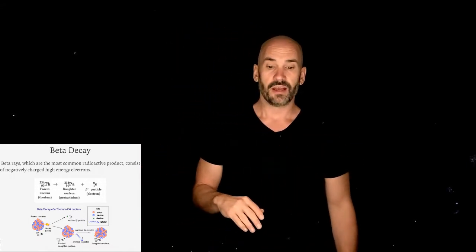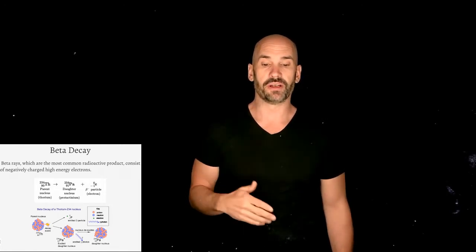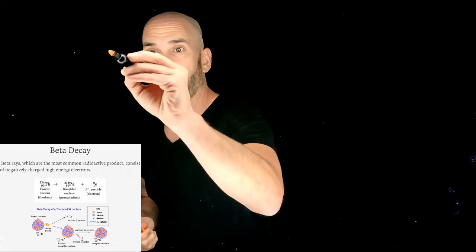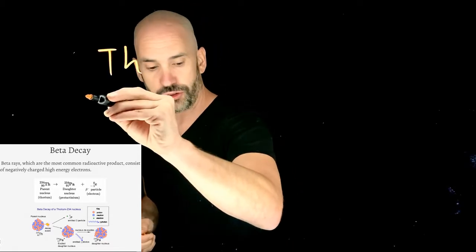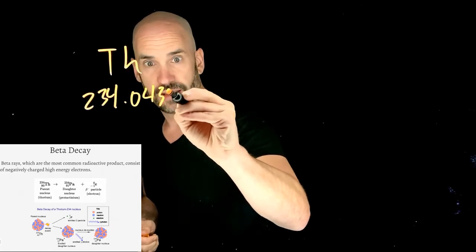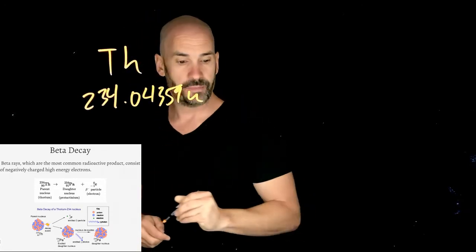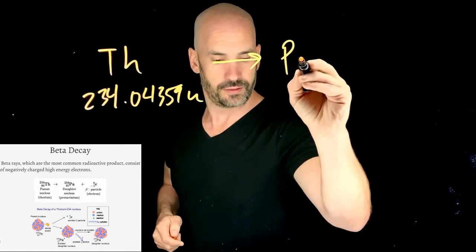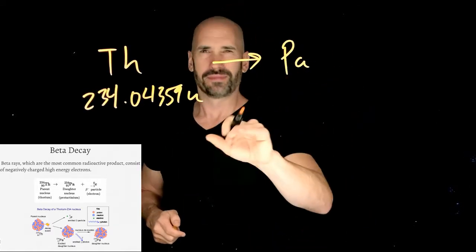Okay? All right. So, for example, we want to look at the energy release when thorium beta decays here. Okay? So we have this case where we have thorium, which is 234.04359 U, becoming PA. What the heck is PA? PA.